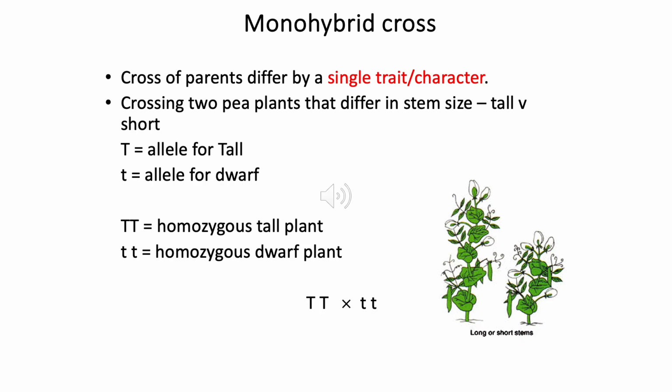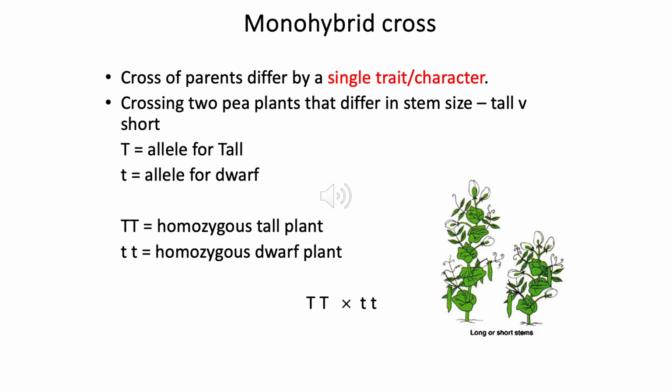So I put here the alleles: capital letter T for tall and lowercase letter t for dwarf. And now we predict the homozygous tall plant represented by these two capital T alleles, and the homozygous dwarf plant represented by both small letter t.